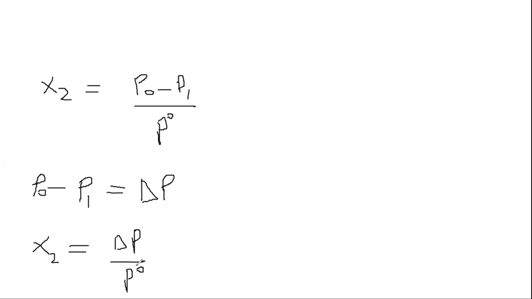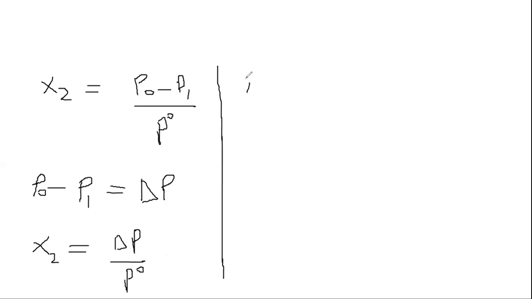Okay. And now this is the equation. Our target is to calculate the molecular mass, or the molar mass, of the solute. So I am going to further expand this equation.